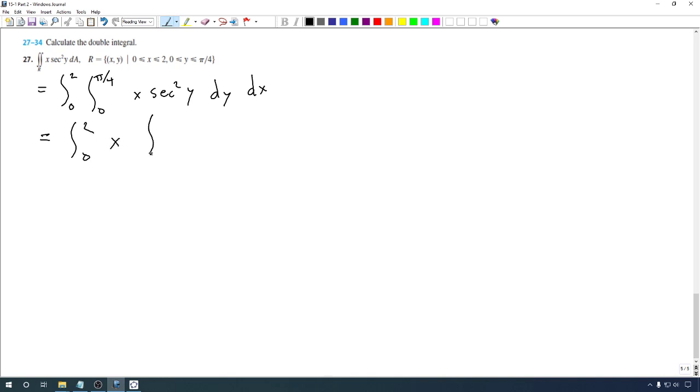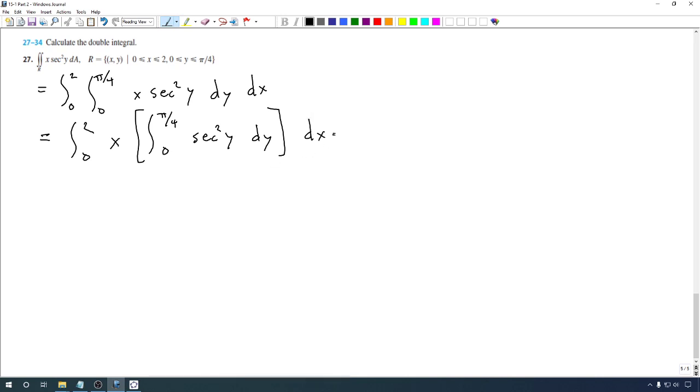We have x times the integral from 0 to pi over 4 of secant squared y dy. Just x times that integral. Whatever the result of that integral is multiplied to x, and then we integrate that with respect to x. In fact, this integral that we have inside here doesn't have any x's in it.